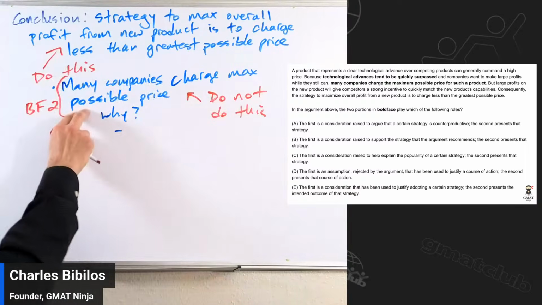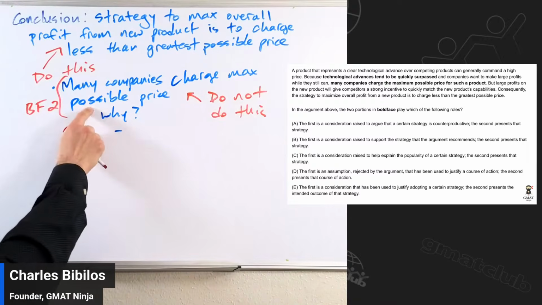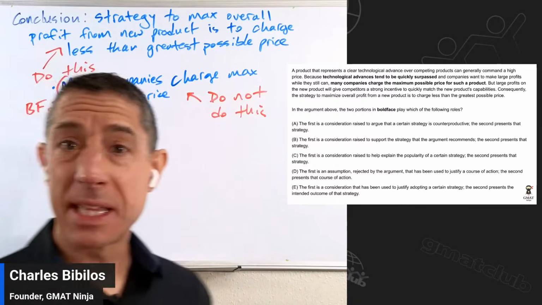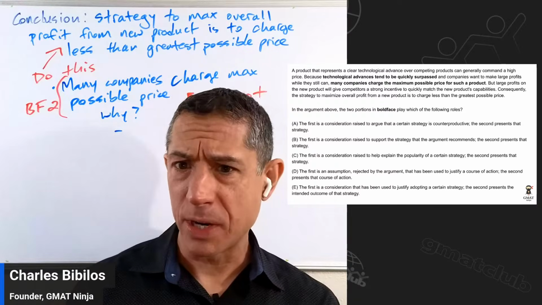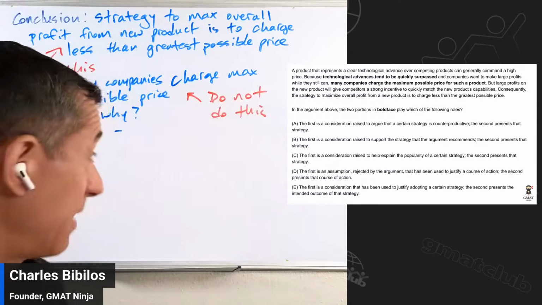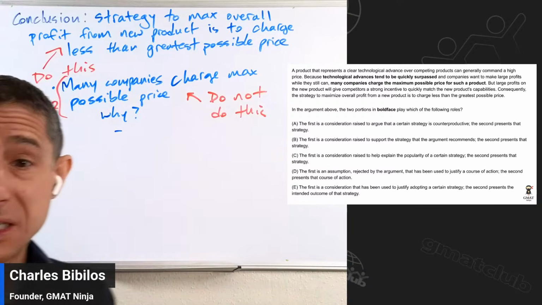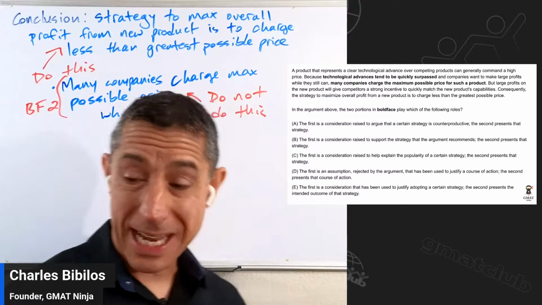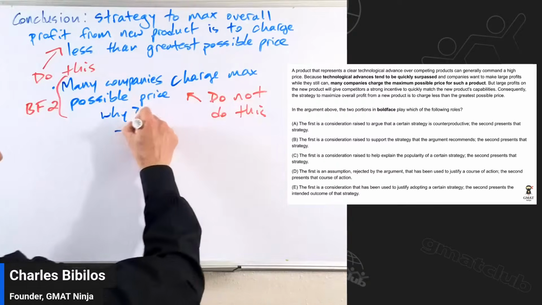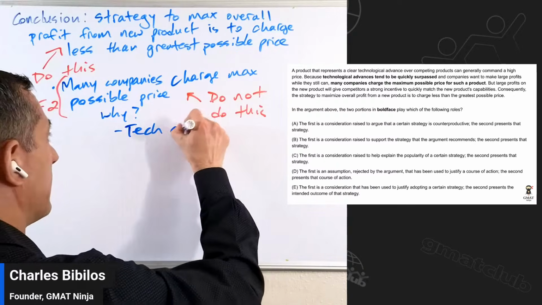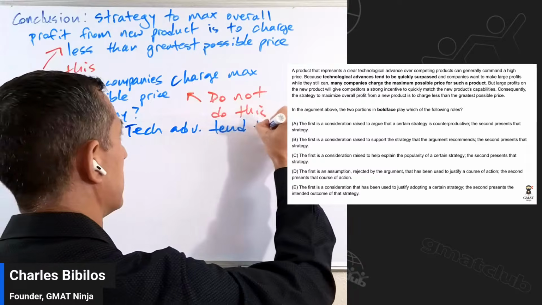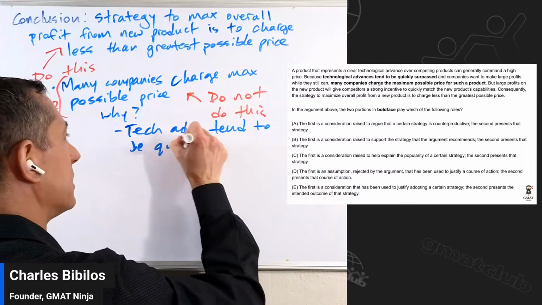Okay. And then how do companies get to this? How is it that companies decide to charge the maximum possible price? Why do they do that? Well, that's where you actually have your first boldface, right? So technological advances tend to be quickly surpassed.